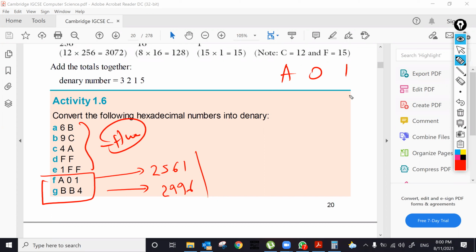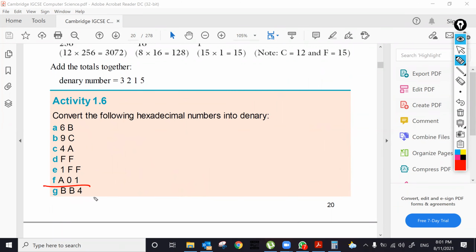A01. This is 1. This is 0. This is 256 into 10. 2560 plus 1, 2561. Correct.